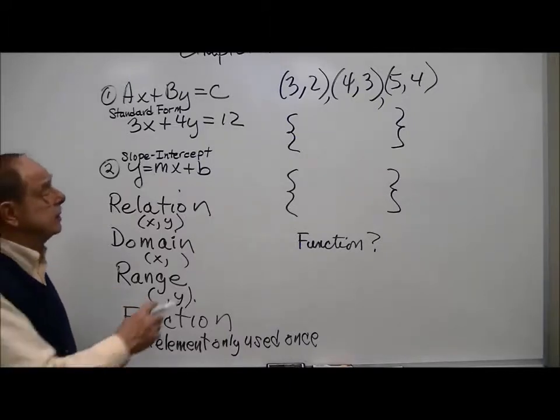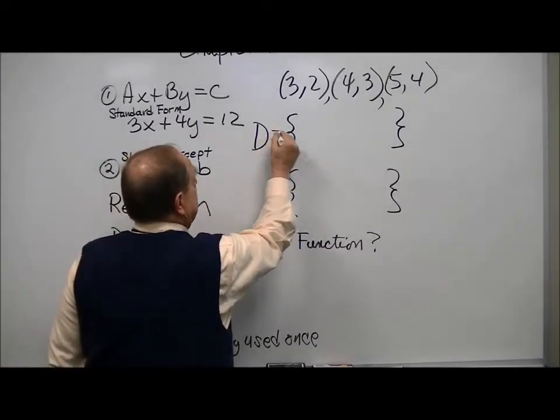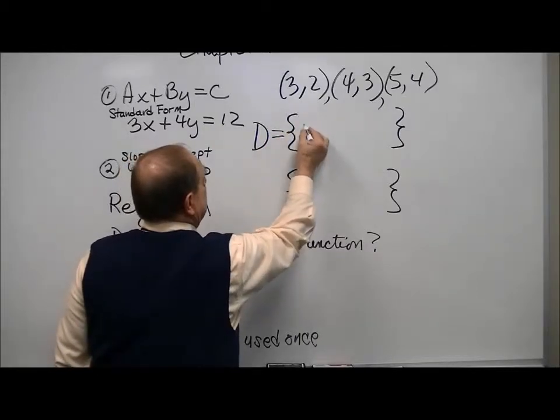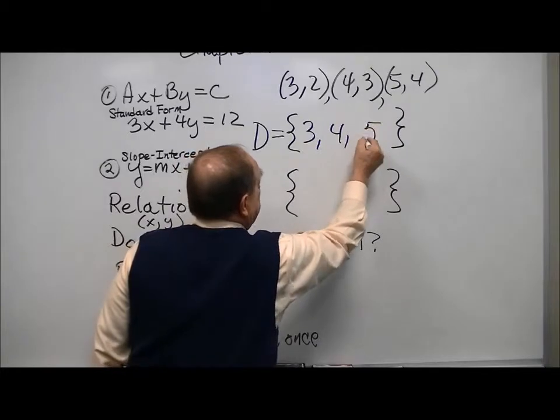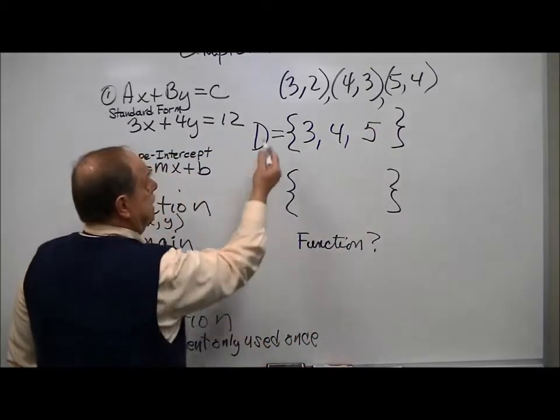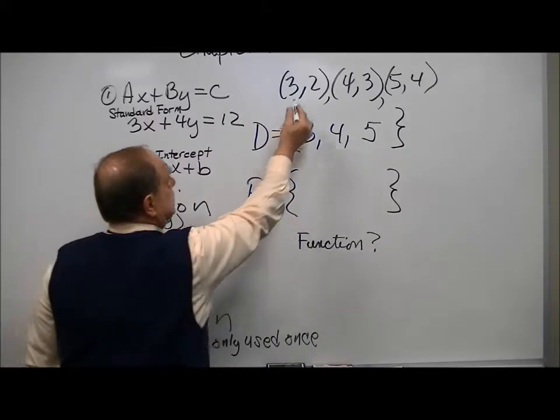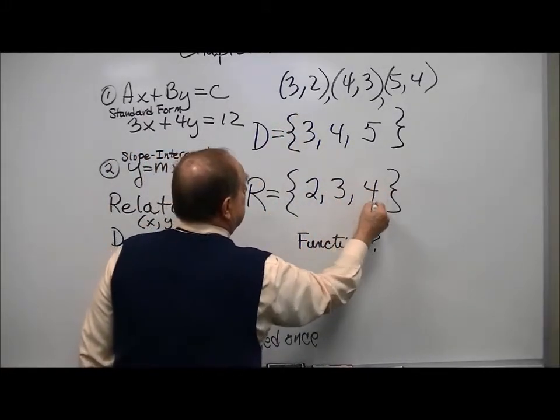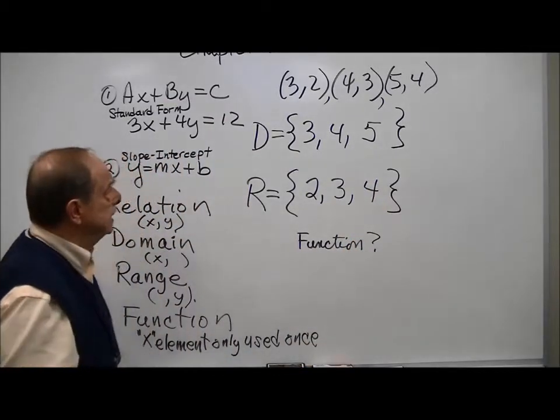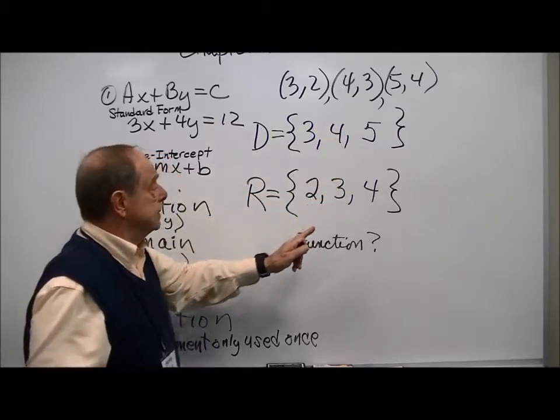So, here they're asking us, let's say, to define the domain. Well, the domain would be 3, 4, 5. And here, define the range. The range would be 2, 3, 4. So you're just picking them right out of the ordered pairs.